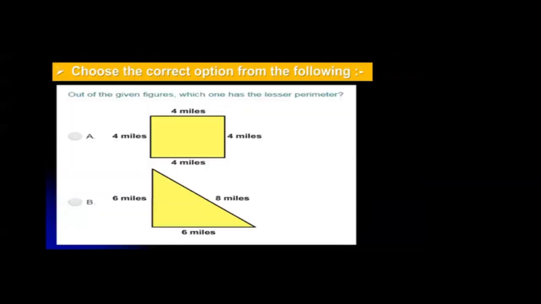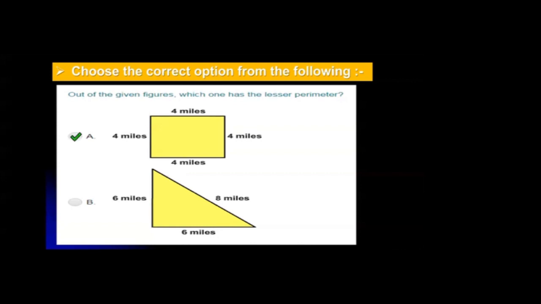Now, see children, out of these given figures, which one has the lesser perimeter? The first one is a square and the other one is a triangle. You have to calculate the perimeter and tell which figure has the lesser perimeter. A has the lesser perimeter.